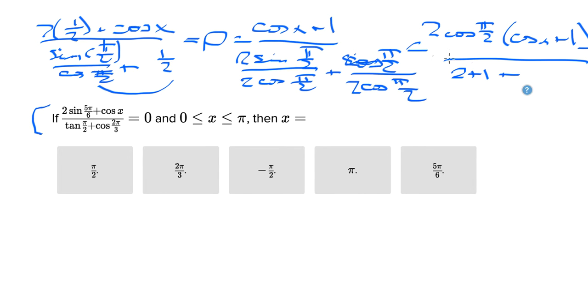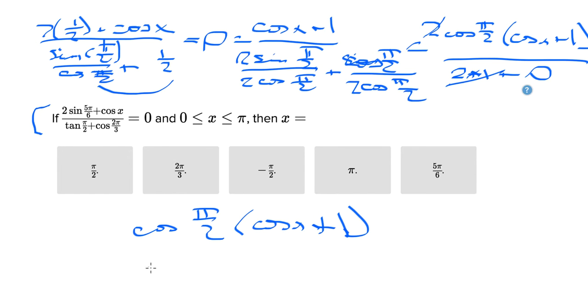Plus the cosine of pi over 2, which we've already said is 0. So all we're going to have down here is just 2 times 1, so 2. And we've got a 2 up here, so these can now cancel out. And we're just left with the cosine of pi over 2 times the cosine of x plus 1.